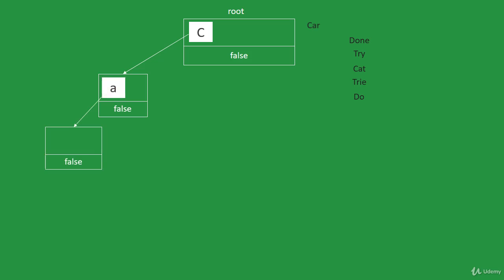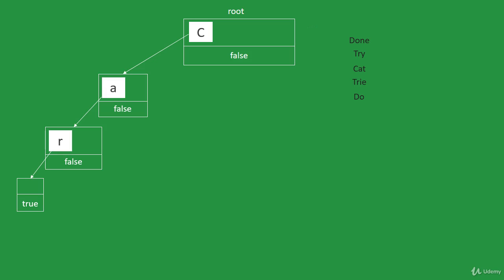So we add A into its map and create a new node. This new node represents the prefix CA. As you probably figured out, we add to its map the R character and create a new node. This node represents all words starting with car. Since we want to add this word, we set its indicator to true.